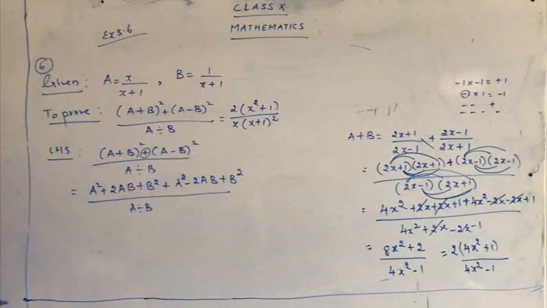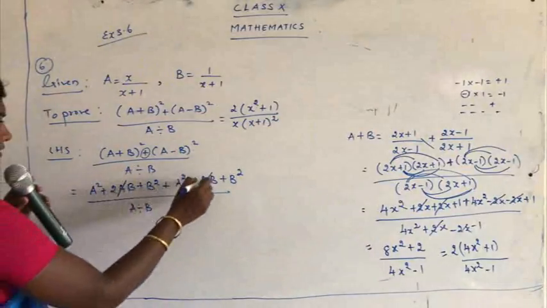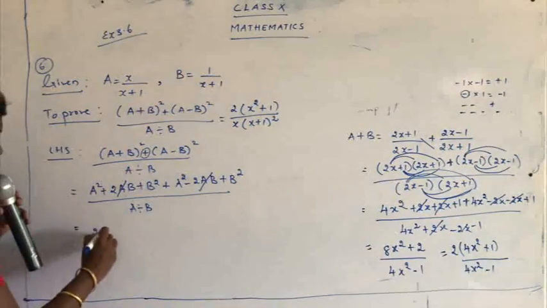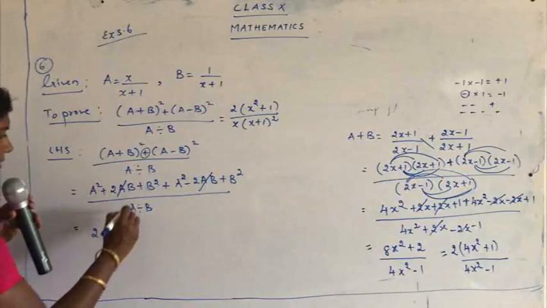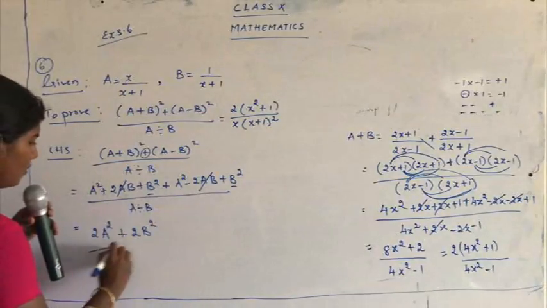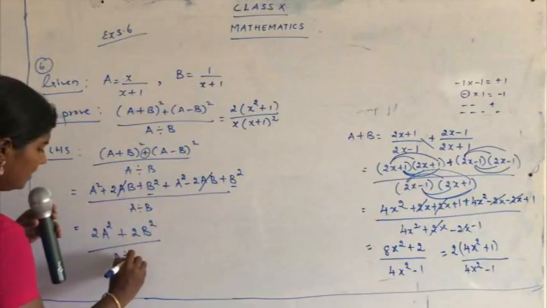So now what can be cancelled here? Plus 2ab minus 2ab gets cancelled. Now what is left here, children? A square plus b square plus a square plus b square. So what do you get here? A square plus a square gives you 2a square, plus b square gives you 2b square, upon a divided by b.